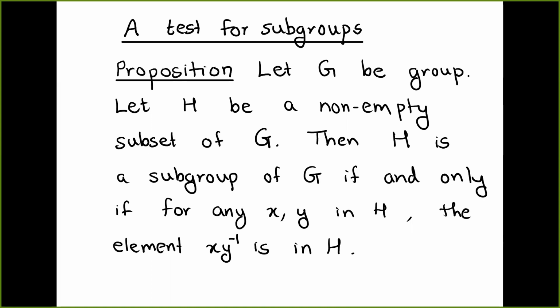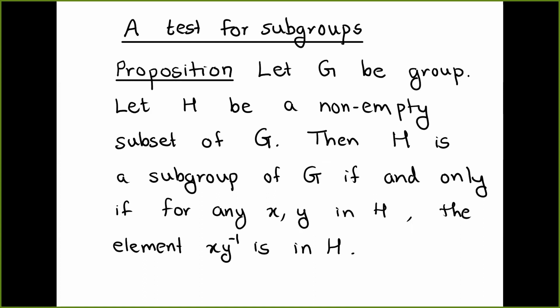So let G be a group and let H be a non-empty subset of G. Then H is a subgroup of G if and only if the following condition holds: for any x and y in H, the element xy inverse is in H. You can think of xy inverse as, in a certain sense, like the ratio of x and y. If x and y were numbers, xy inverse would be the ratio of x and y. But of course, these are not numbers, and the order in which they're multiplied matters.